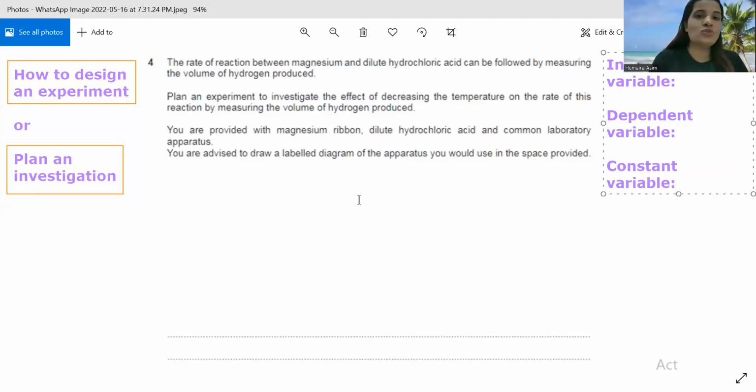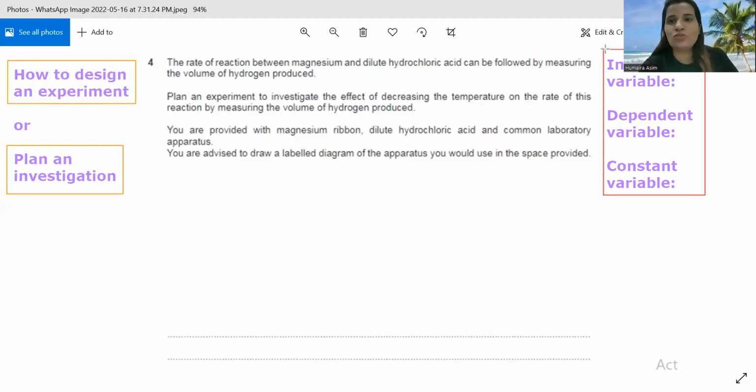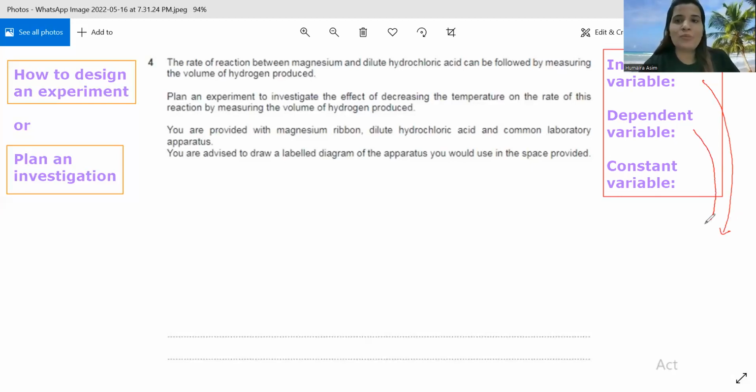We need to design an experiment so we can do it properly. Now when we are putting about these 3 variables, we will be talking about their apparatus. Which apparatus I'm using for independent variable, which apparatus I'm using for dependent variable, and which apparatus I'll use for constant variables.